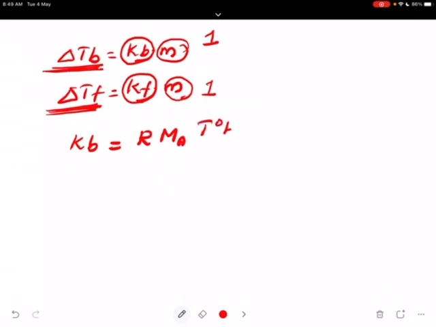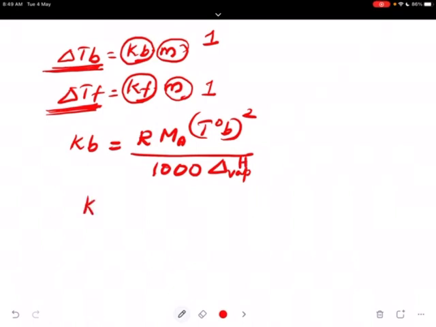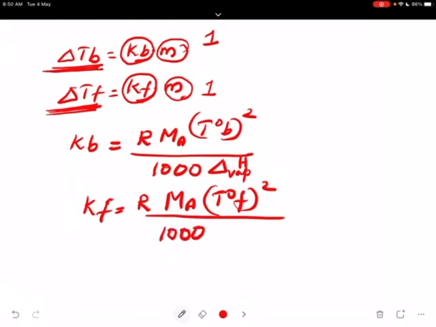T naught B whole square upon 1000 delta H vaporization, or Kf is equal to R Ma, T naught F whole square upon 1000 delta H fusion, where R is the universal gas constant.